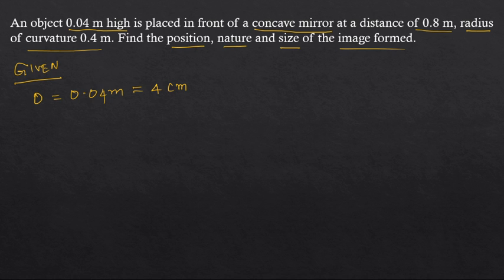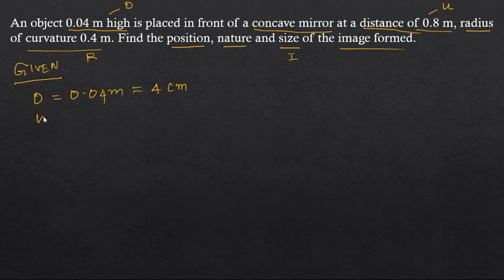And then we have to describe the U. So here the object is placed in front of a concave mirror at a distance of, it means this is U. So this one is O and this is U. Radius of curvature is given as R. Now we have to find out the position, nature and size, which is represented as I. Right?